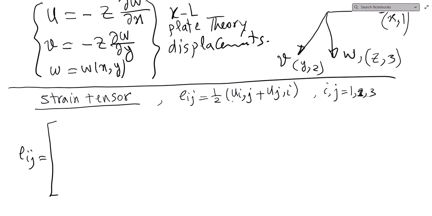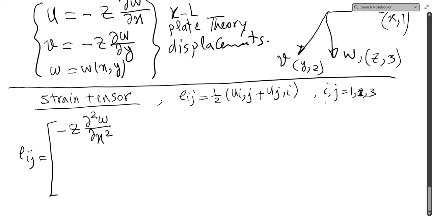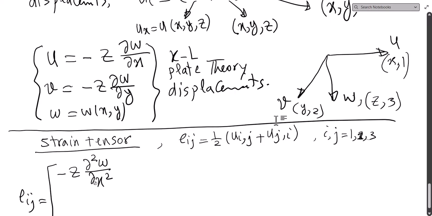So this is du dx, 2 times. So 2 times 1 over 2 cancels out, and then I get minus z d2w dx2, because the differentiation is with respect to x. I get my first strain, or normal strain, normal to the x direction.